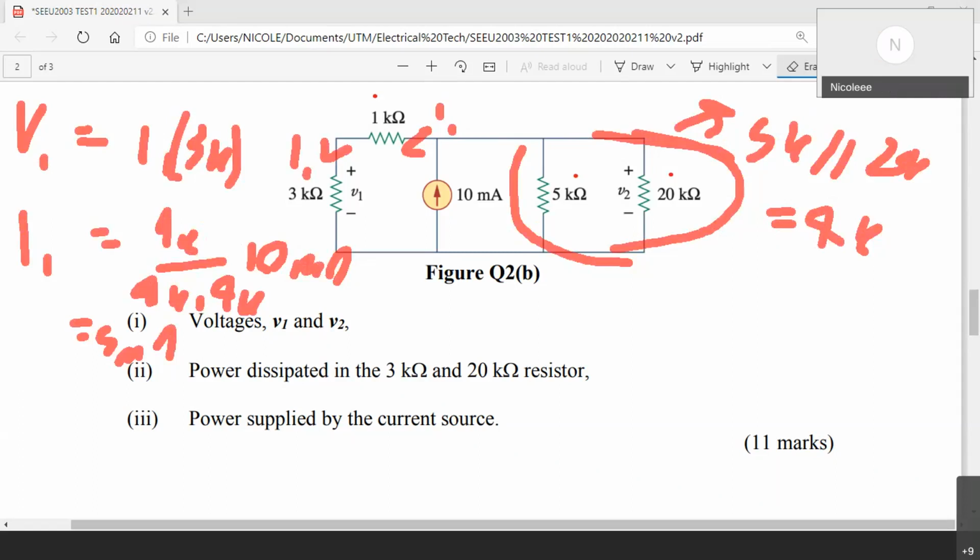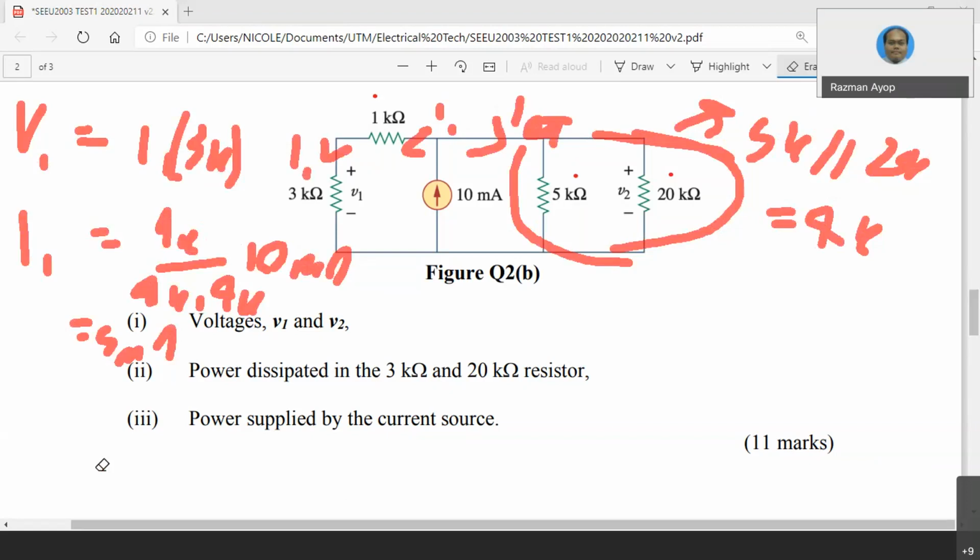Same here. If you calculate the current here, there are multiple ways to do this. Either you use the current division rule. First you get this current, IA.